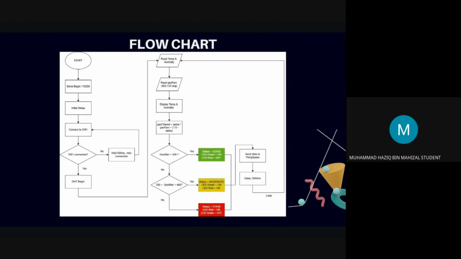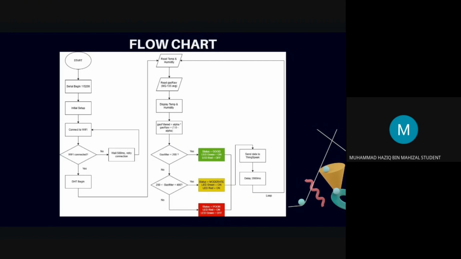After the DHT begins, it will read temperature and humidity, and then the MQ135 gas sensor will calibrate for 60 seconds to get a stable reading, and then the DHT22 will display temperature and humidity.